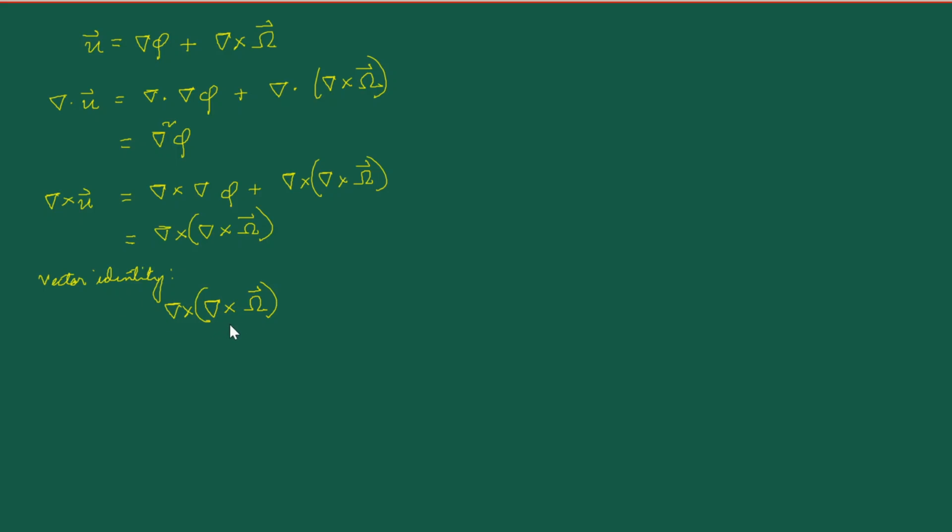Please note that this is a general vector identity, not just confined to this omega vector, but I am of course going to apply it now on this omega vector, which is why I'm writing it like this. So this vector identity tells us that the curl of the curl of a vector is equal to the gradient of the divergence of that vector minus the Laplacian of that vector.